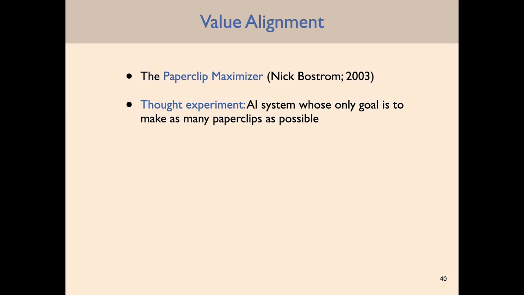You have an AI system or a robot, in our case, whose only goal is to make as many paper clips as possible. So it's a really simple cost function. You can think of it as a reward function: the robot gets a reward of 1, let's say, for every paper clip it manages to produce. If you're thinking about it as a cost, you can think of a cost of -1 for every paper clip it produces. So we're minimizing the cost, maximizing reward.